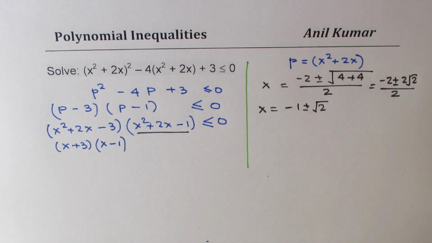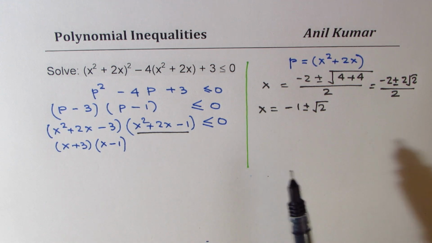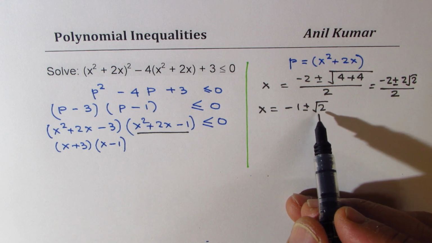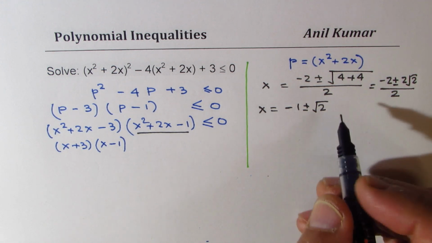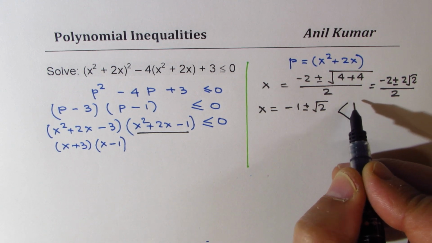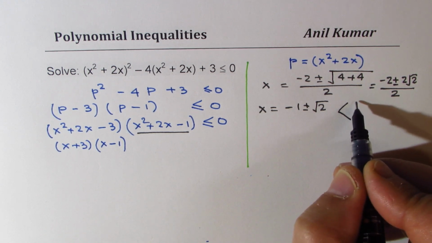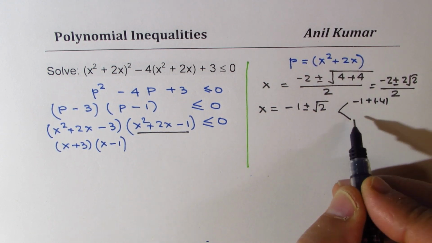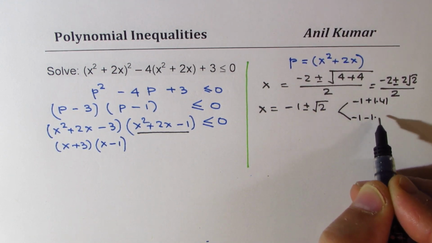Okay, so we are landed with these 4 roots. Now 1.41, let's say approximate value. So I'm just trying to figure out these two roots, which are approximately minus 1 plus 1.41 and minus 1 minus 1.41.